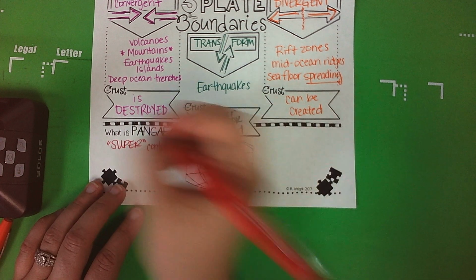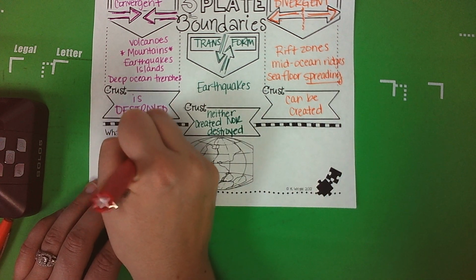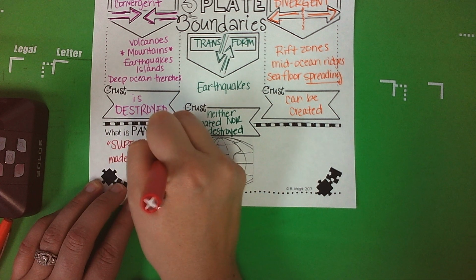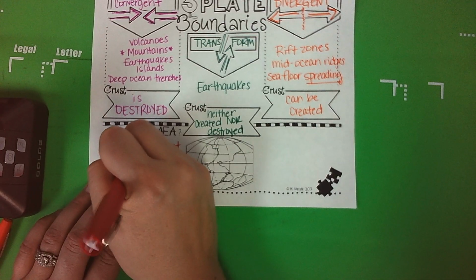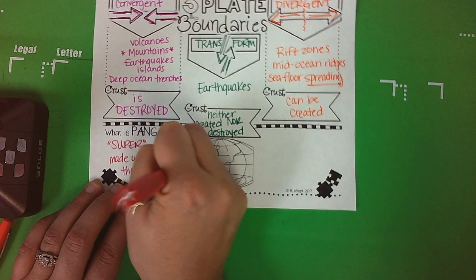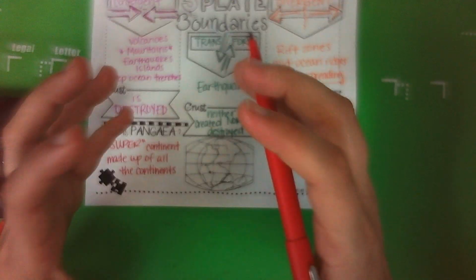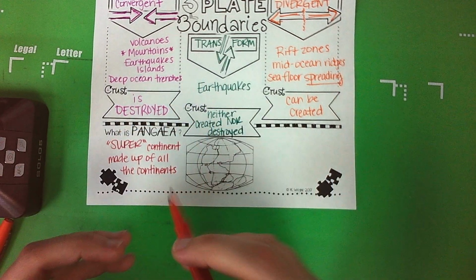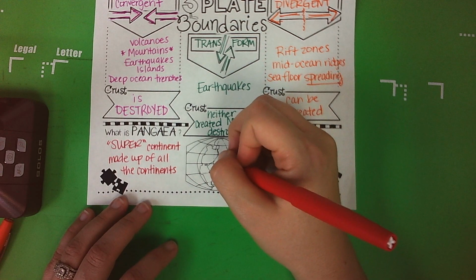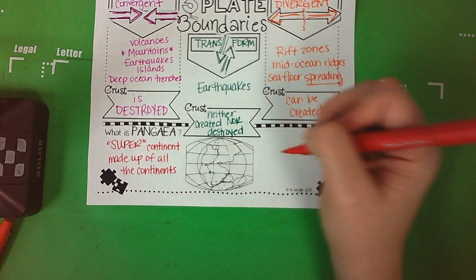Alright, so it's made up of all the continents. So remember, the theory is that it was all one big continent, and eventually they moved away from each other because of plate movement, okay?